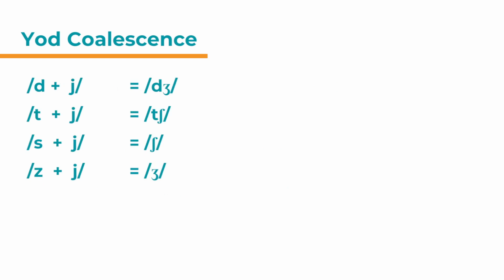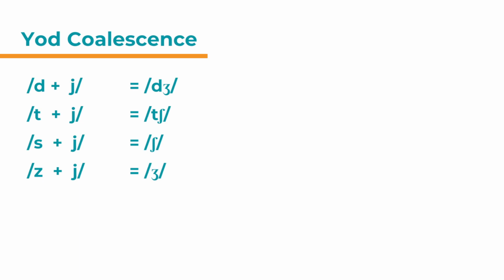So let's have a look at Yod coalescence in English. We have D and Y together forming J. T and Y become Ch. S and Y become Sh.